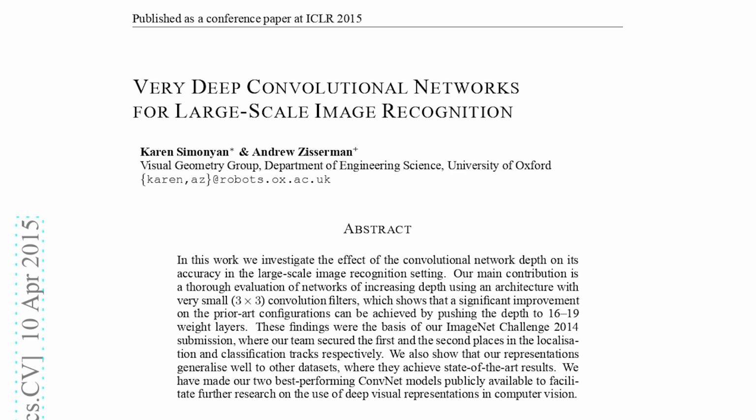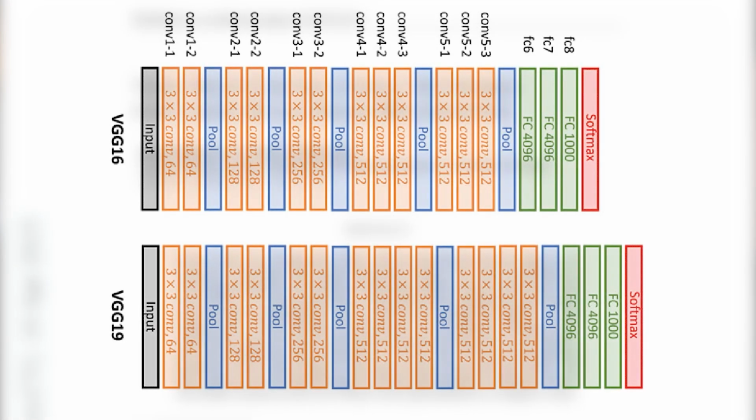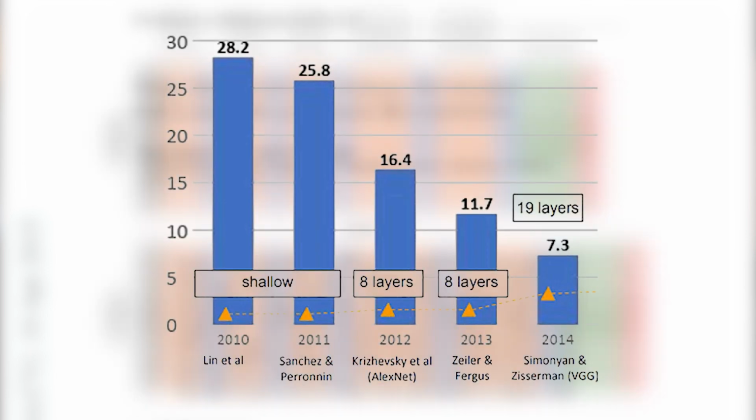And with these small filters, the VGGNet stacked many convolutional layers to extract fine-grained details from the input images. The model's depth varied between 16 and 19 layers, making it much deeper than AlexNet and achieving a much better result on the ImageNet dataset.